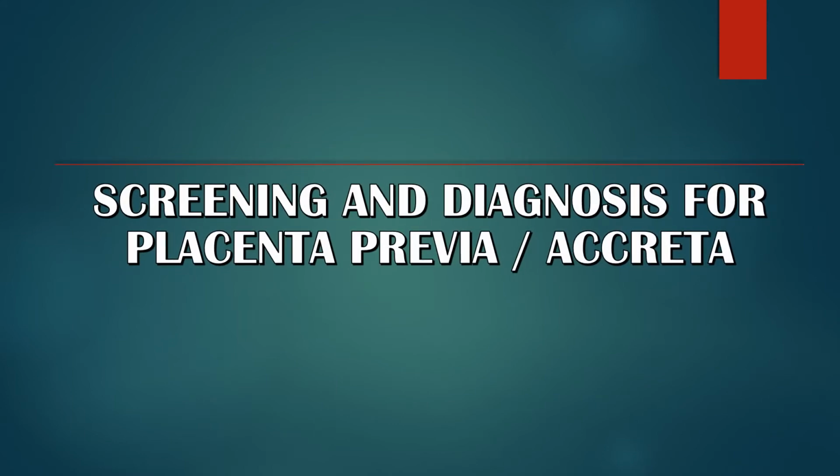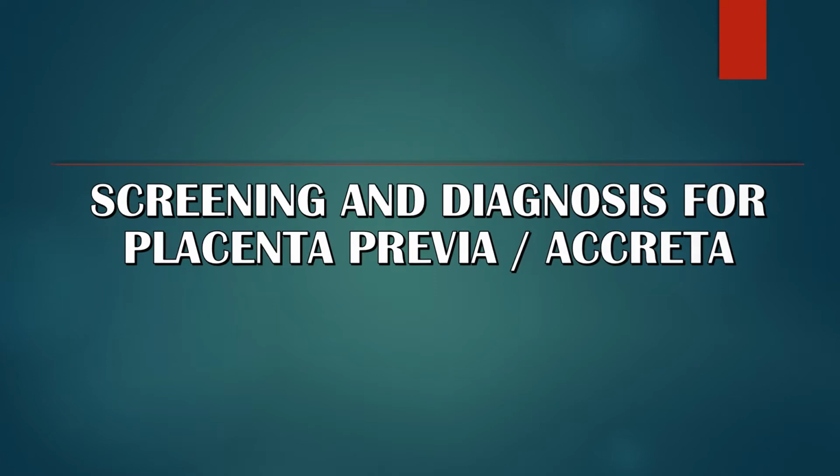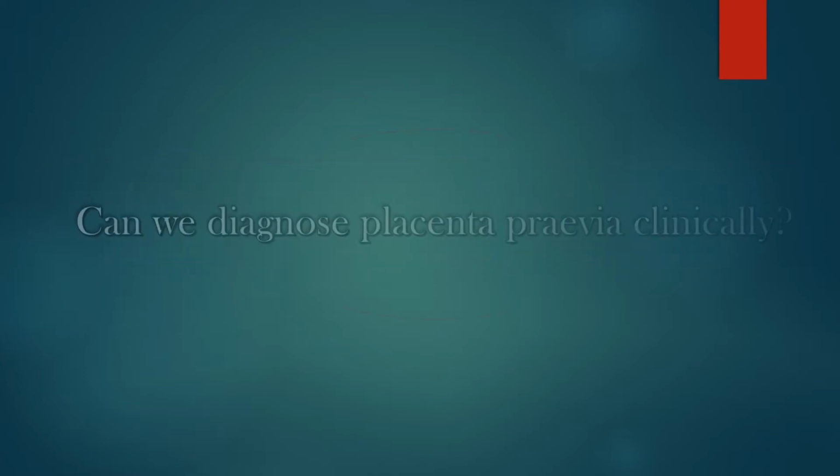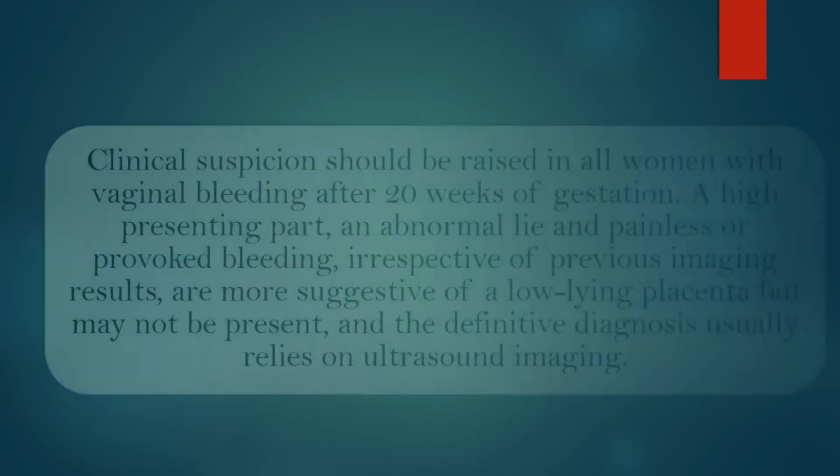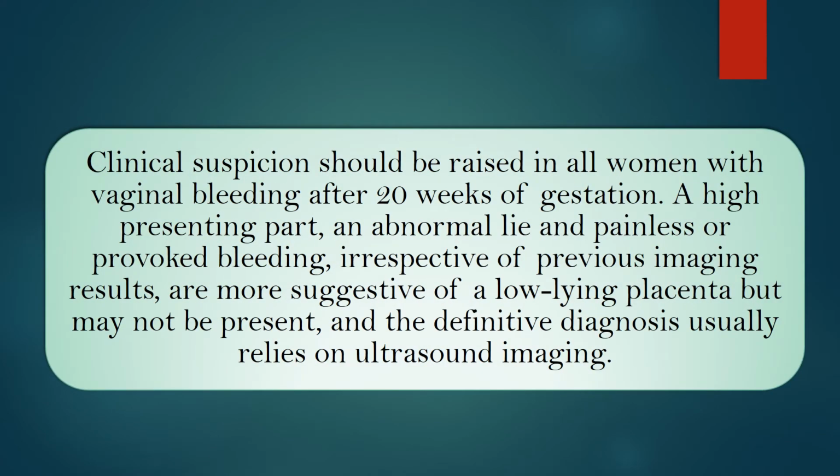Screening and diagnosis for Placenta Praevia or Accreta. Can we diagnose Placenta Praevia clinically? Clinical suspicion should be raised in all women with vaginal bleeding after 20 weeks of gestation.